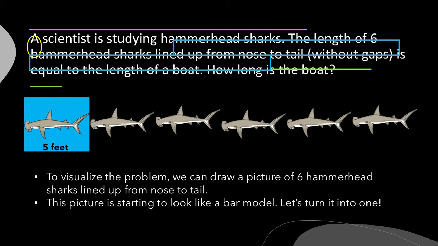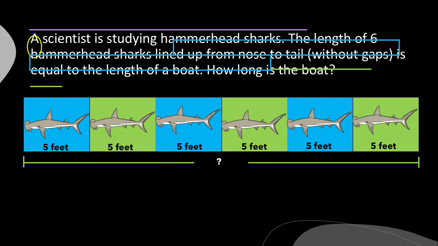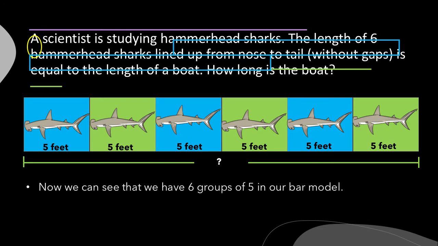Do you actually have to draw 6 hammerhead sharks? No, but you could draw what would be a bar diagram or a bar model so you can get a picture. So here we would go 5, 10, 15, 20, 25, 30. Each shark is 5 feet, and I counted by 5s 6 times.